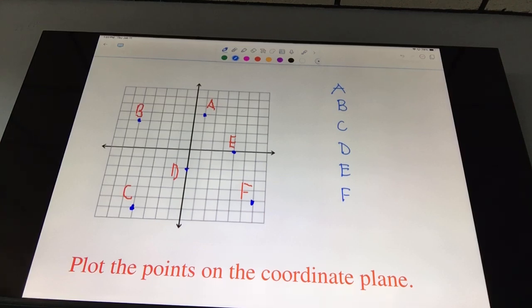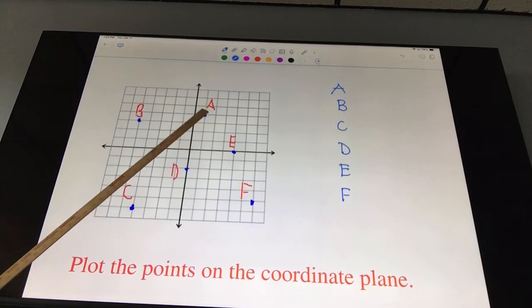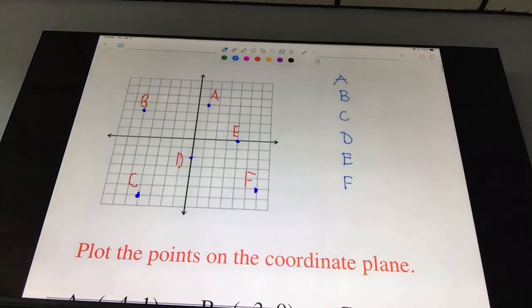All right, let's look at point A. Point A, from the origin, is positive 1 over, because it goes to the right, that's positive, and then 1, 2, 3, 4, up. So my ordered pair for A should be 1, 4.